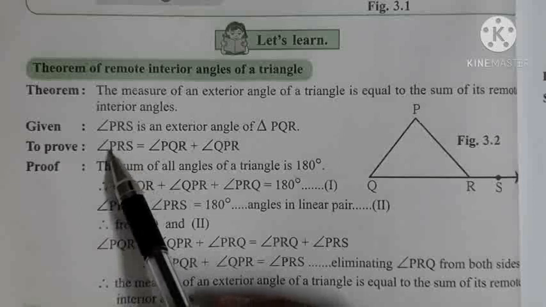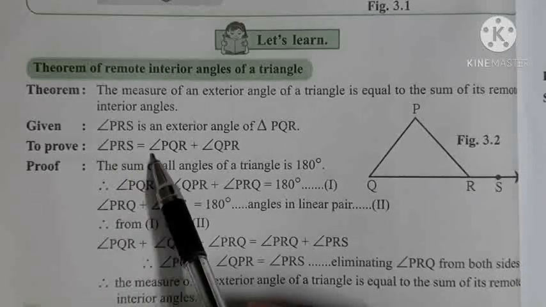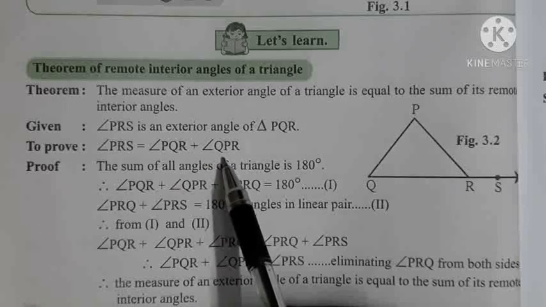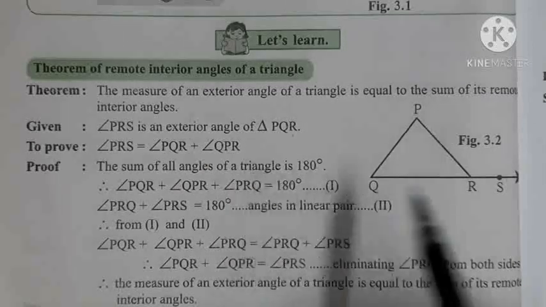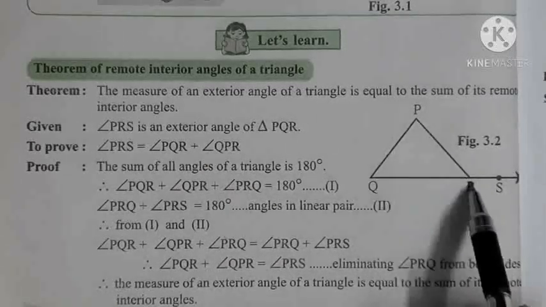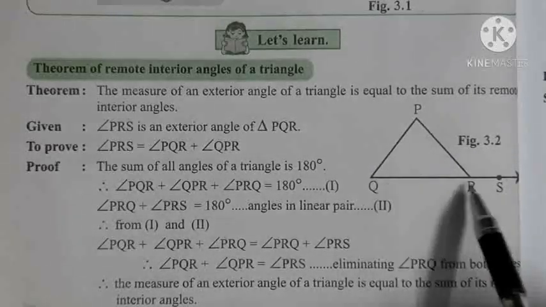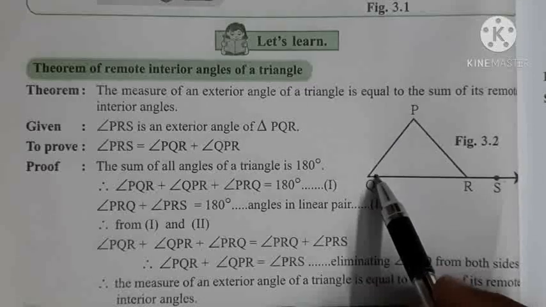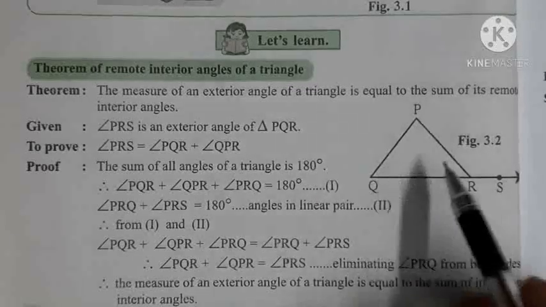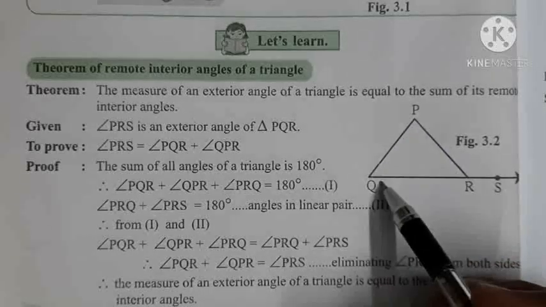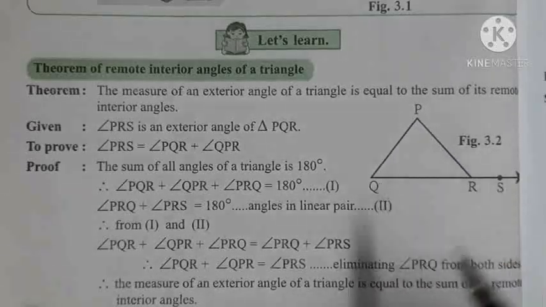Therefore, to prove: angle PRS is equal to angle PQR plus angle QPR, the sum of these two remote interior angles.